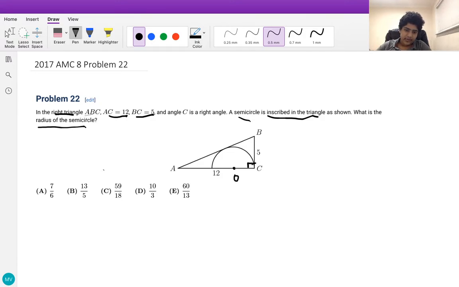Well, we can draw the point O to this tangent line at, say, point D. Now, since these two lines are tangent, you can draw a right angle. And since angle A is in this bigger right triangle, DOA is 5, 12, 13, just like triangle ABC.